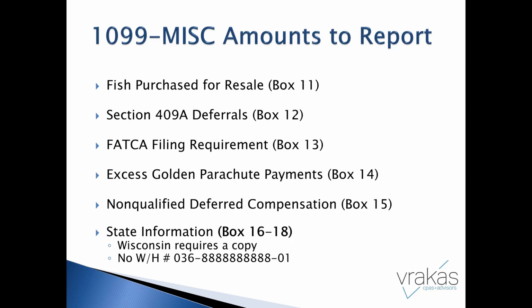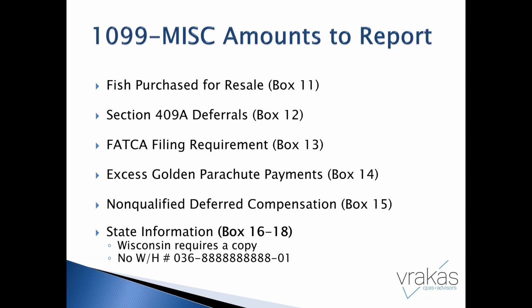These other boxes here, also I have not, box 11, fish purchase for resale. Again, maybe if you're on the East Coast, West Coast, or Alaska, but I've never seen that one. Box 12, 409A deferrals. Box 13, FATCA filing requirement.